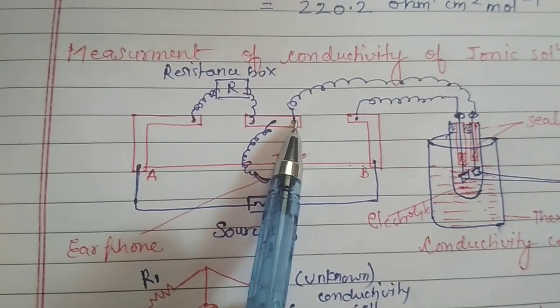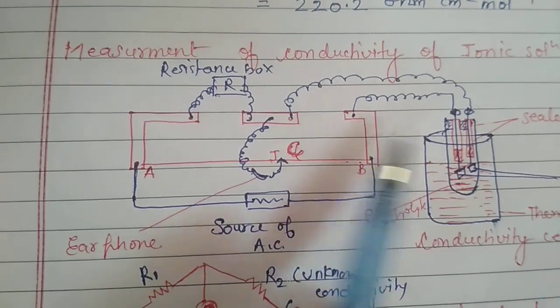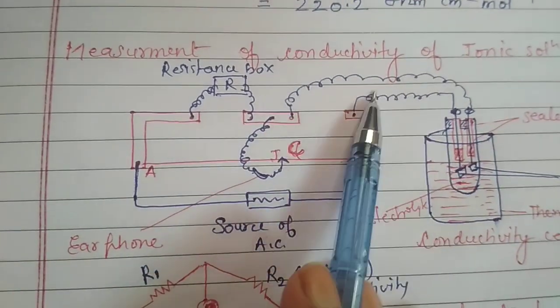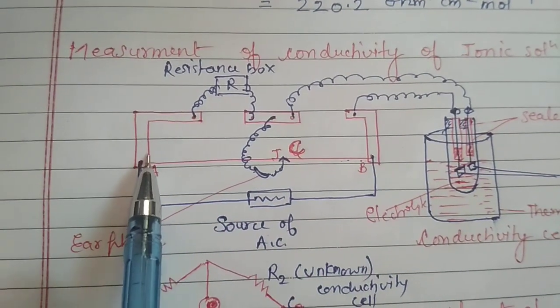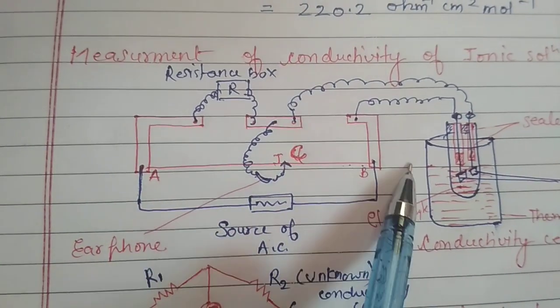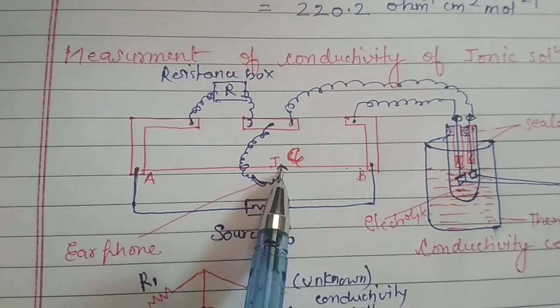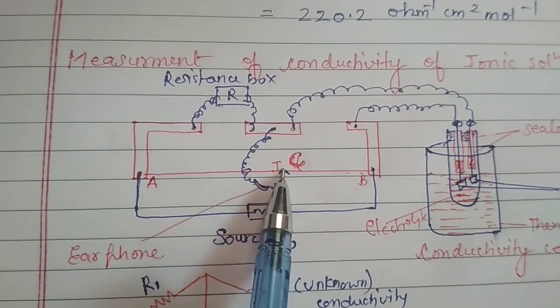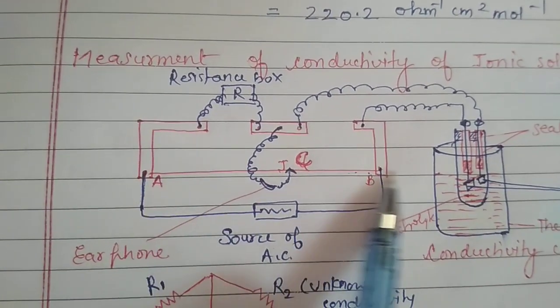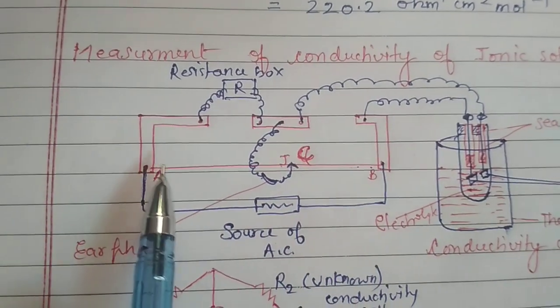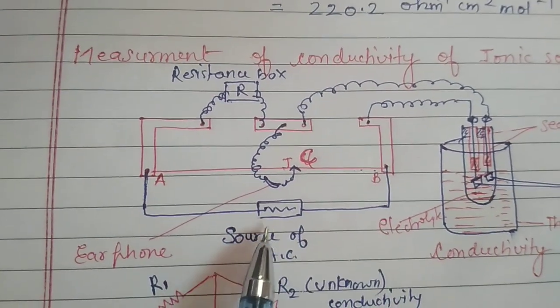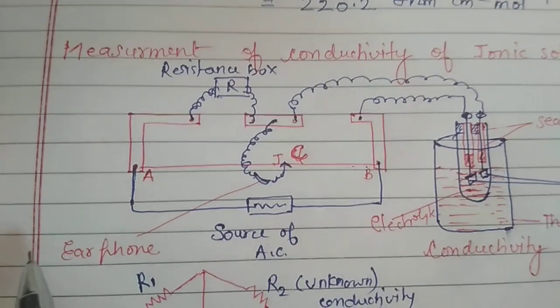The next thing, we are to connect this concentration cell like this with the help of these wires. Now AB is a stretchable wire and J is the jockey. This jockey can slide over this particular wire. Now this apparatus is to be connected with the source of AC.